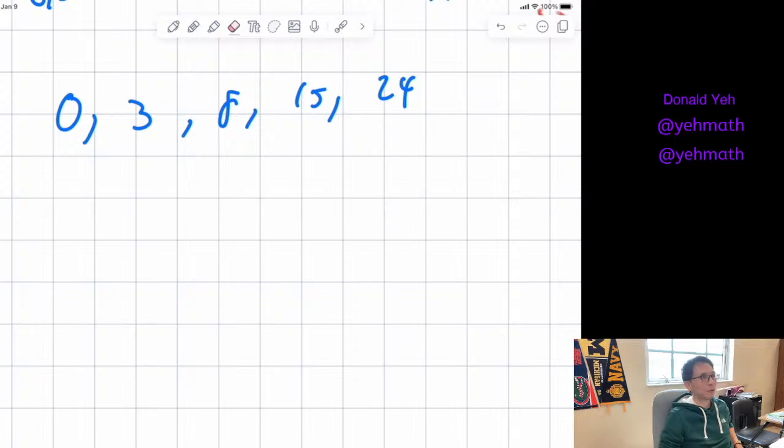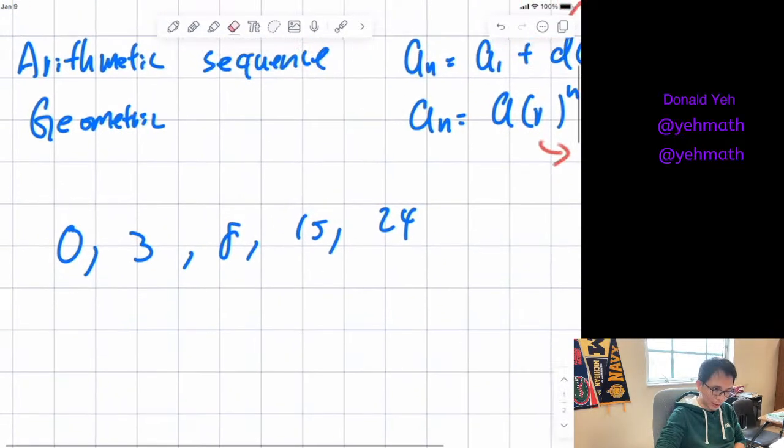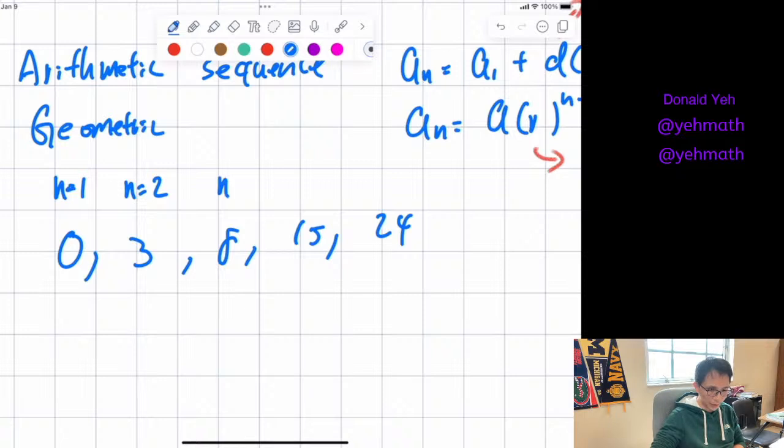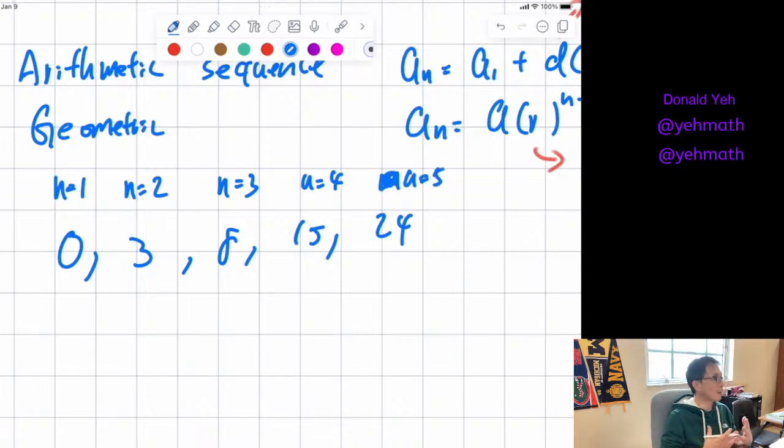Can you come up with a formula to represent this same exact thing? Now, I'm gonna tell you that this is n equal to 1. So n is never negative. So n always starts with 1, then n equal to 2, n equal to 3, n equal to 4, n equal to 5. Can you write out a formula to represent this exact sequence using the idea of n? Is it possible?